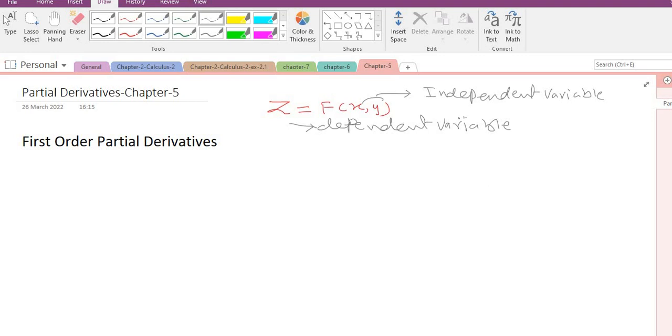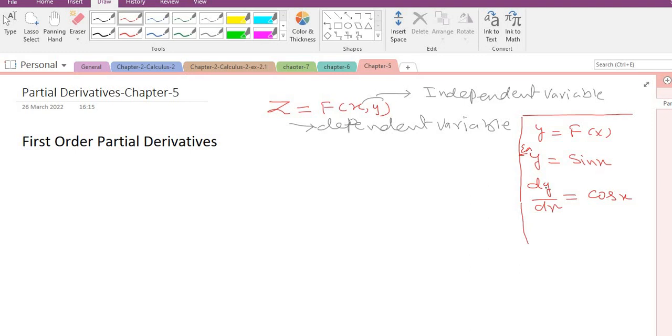Suppose I have a function y is equal to f of x, for example y is equal to sin x. If I say find dy dx, then dy dx is equal to cosine of x.